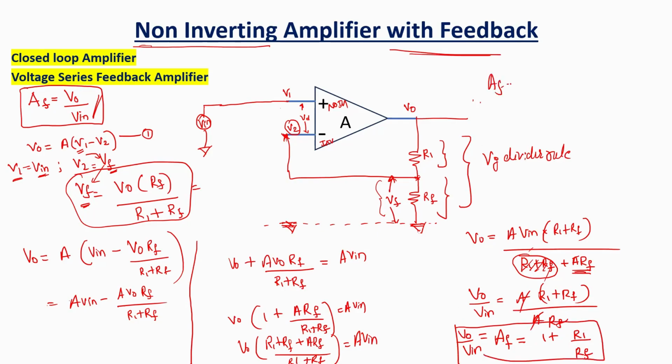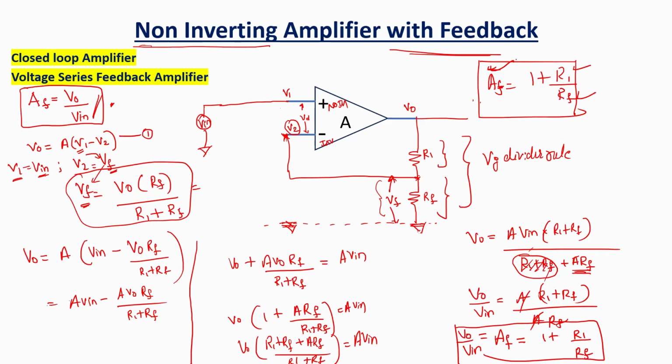AF is equal to 1 plus R1 divided by RF. If you have this equation, you can design a closed loop configuration with an intended gain. You can choose R1, you can choose RF, and you can get an intended gain here. This is what we wanted to derive for the non-inverting amplifier with closed loop configuration.